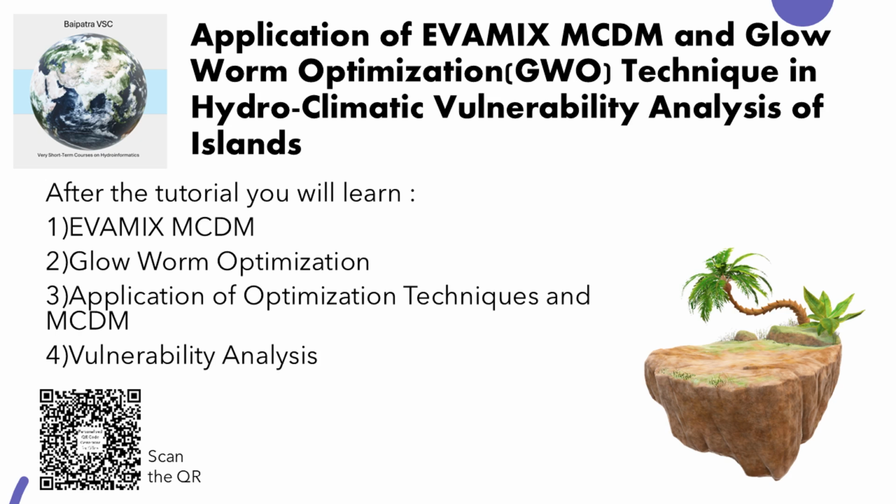So both literature and stakeholder survey will be conducted to find a set of parameters which scientifically can be referred as features which can represent the vulnerability of islands. So this is our first step.